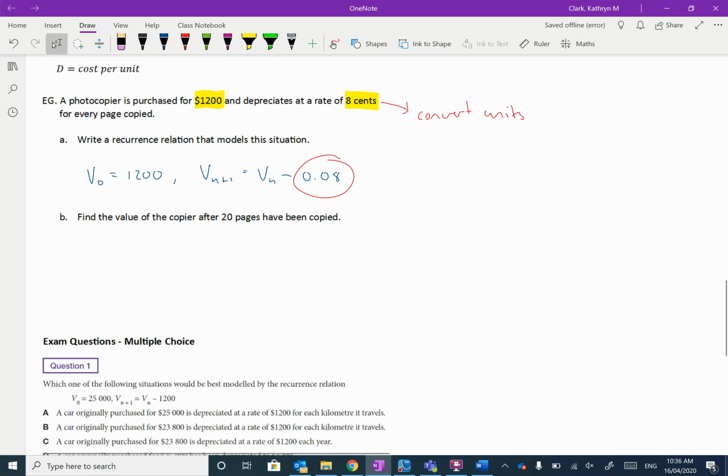Alright, now if we need to find the value of the copier after 20 pages have been copied, well, you can do 20 iterations on your calculator if you like, or we can kind of cheat in this one, and you could multiply 0.08 by 20 and then just subtract that amount. So the total depreciation calculation is going to equal 20 pages times 0.08.